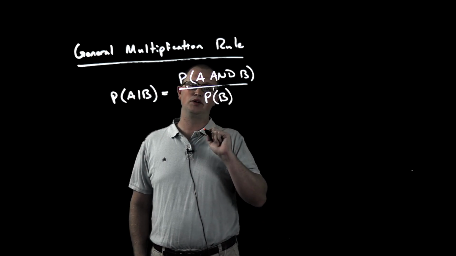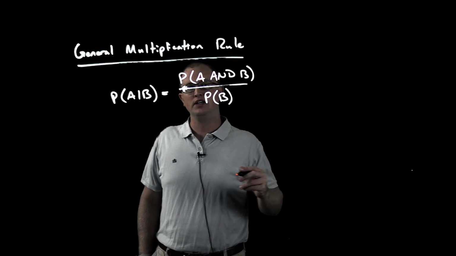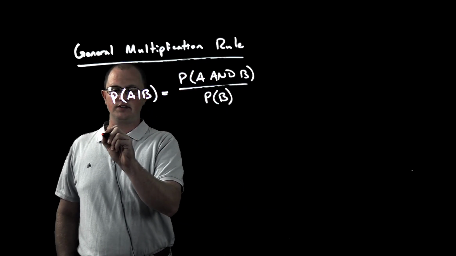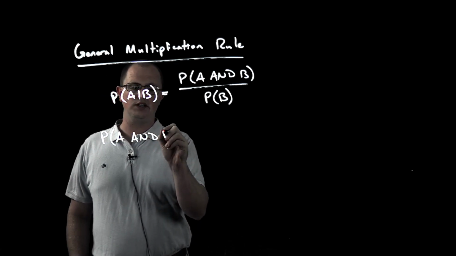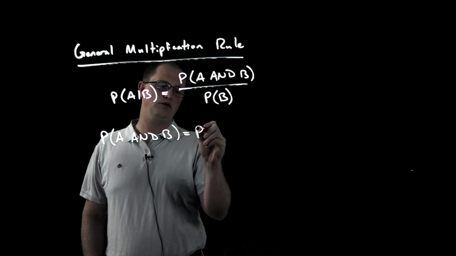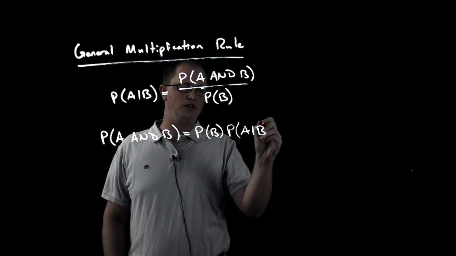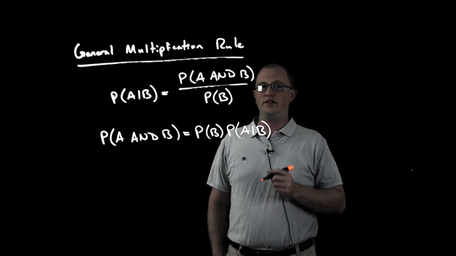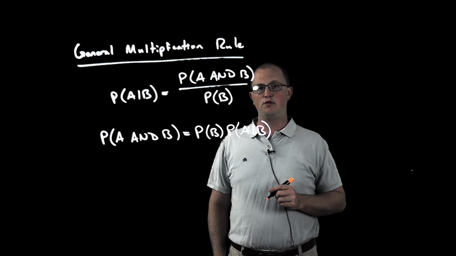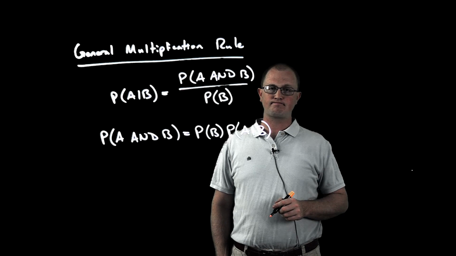But we can also rearrange this formula to solve for the probability of A and B, and we get the general form of this as the probability of A and B is equal to the probability of B times the probability of A given B. And this gives us our general form for the probability of A and B.